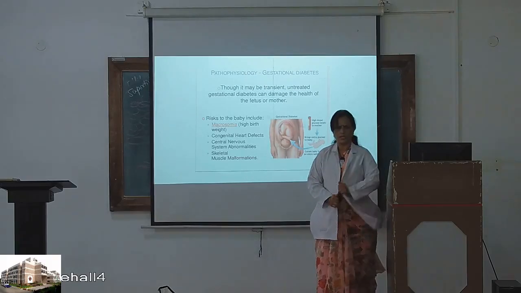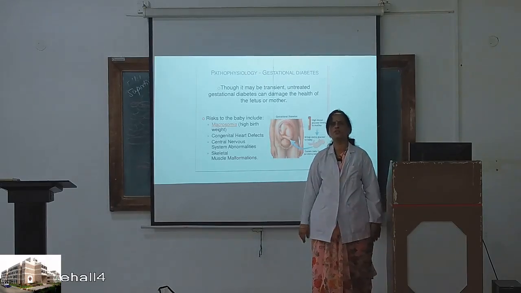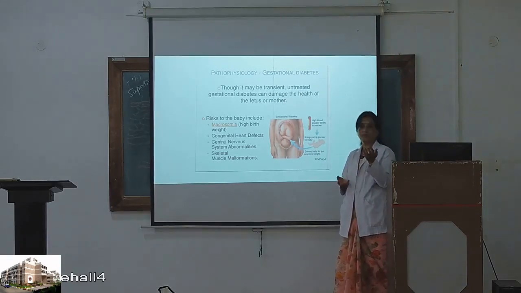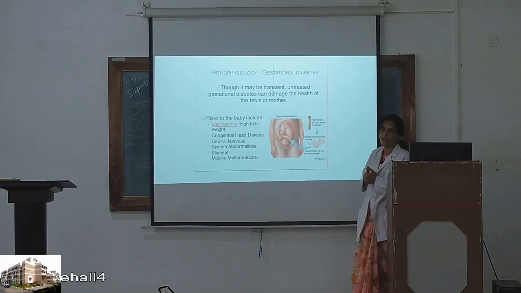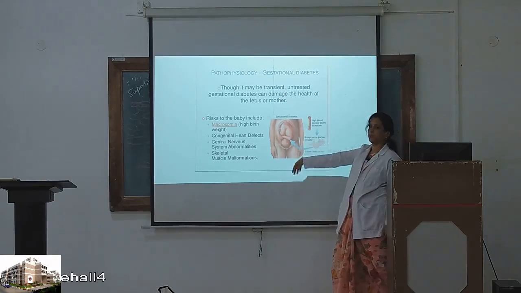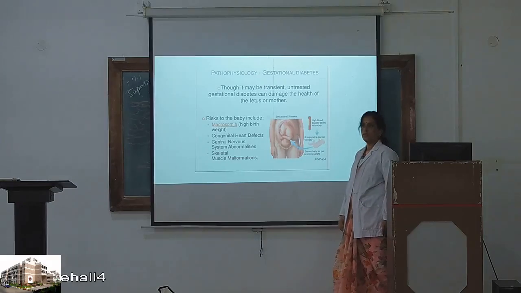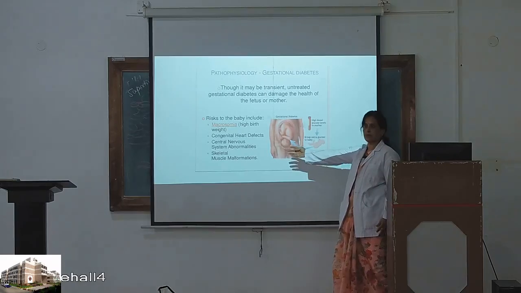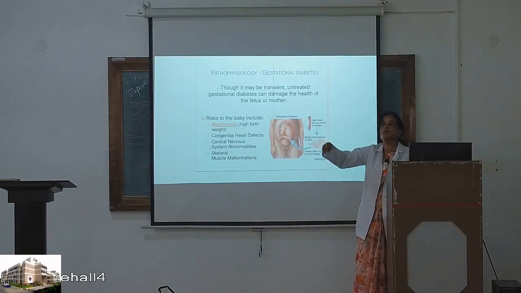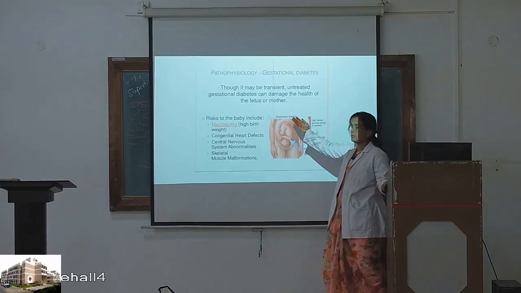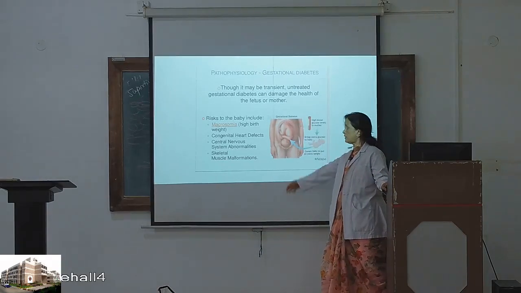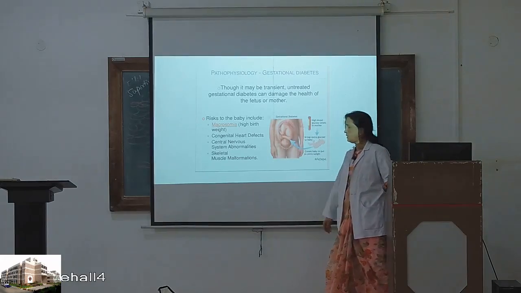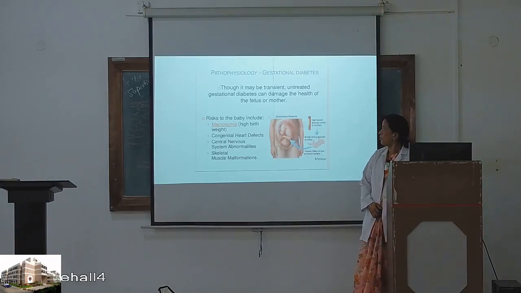Usually we do a test during pregnancy for the blood glucose, but otherwise a big baby. When a baby is born, they say, oh, 4 kgs, 4.5 kgs. So macrosomia, high birth weight, means the mother is prone to diabetes mellitus. And newborns born to diabetic mothers may have congenital heart defects, central nervous system abnormalities, or skeletal muscle abnormalities.